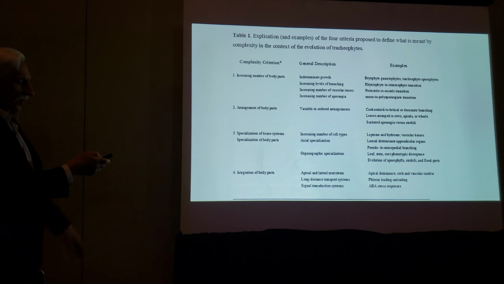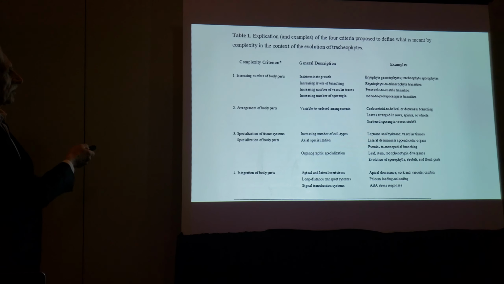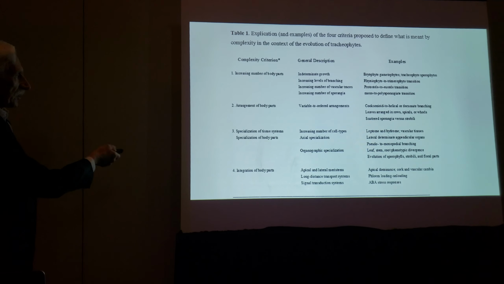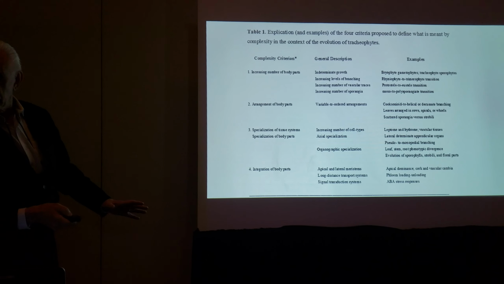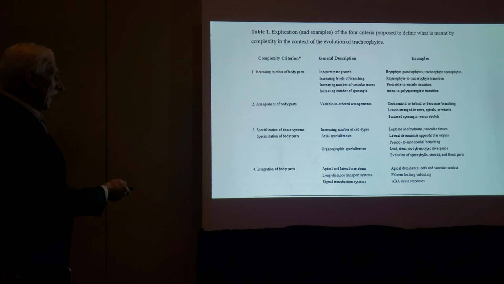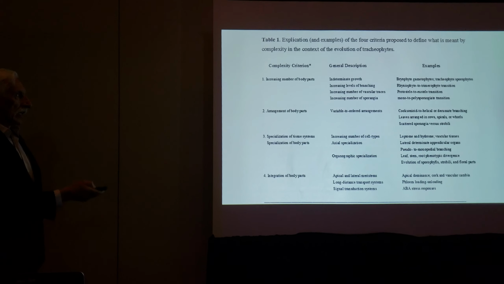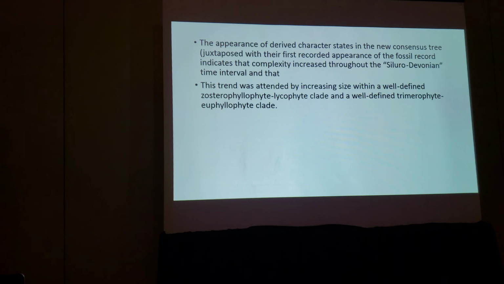I don't want to get into this now because of time, but you know, increasing number of body parts, arrangement of body parts, and their examples. Specialization of tissue systems has to be to some extent inferred from the arrangement of organs, and especially the integration of body parts. All right, I'm going pretty quickly today.